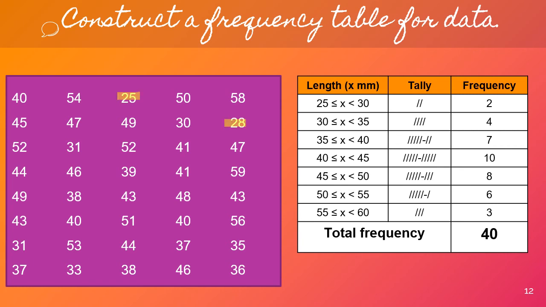Next, equal or greater than 30 but less than 35, we have 4. Okay? The next, 35 to less than 40, we have 7. The next, greater or equal than 40 but less than 45, we have 10.